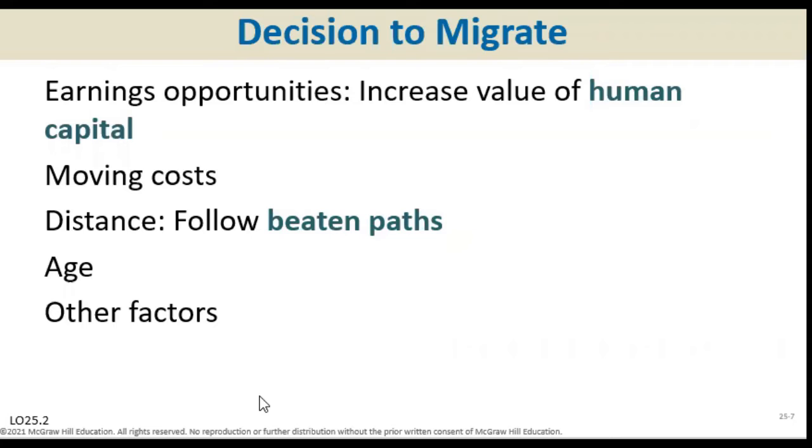So the younger the individual and the closer the country, the more likely the individual will immigrate. And many migrants follow the route taken previously by a family member, simply following the beaten path.